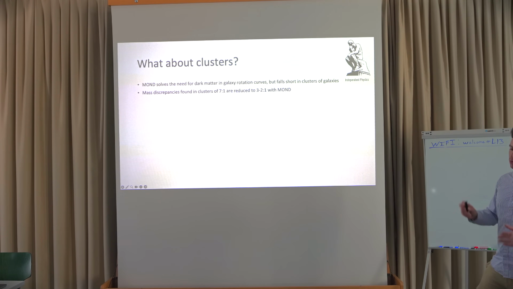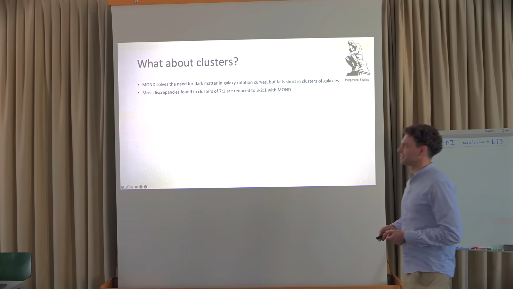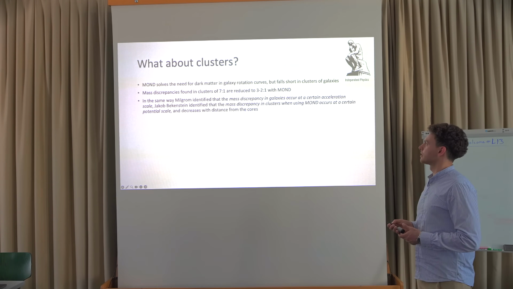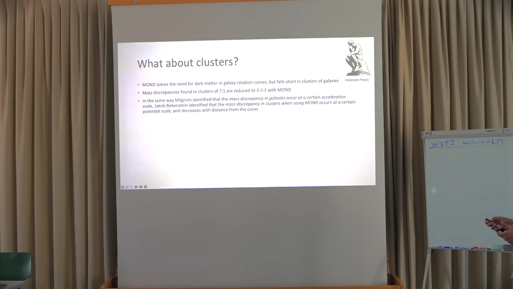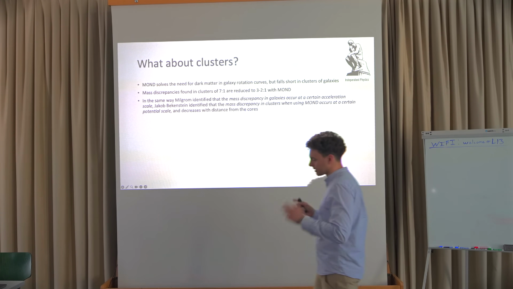People have tried to tweak MOND further so it fits the clusters. In the same way, Milgrom was the one who identified that the mass discrepancy in galaxies occurs at a certain acceleration scale. It was Jacob Bekenstein who identified that the mass discrepancy in clusters, when using MOND, occurs at a certain potential scale. So it's a very different case.